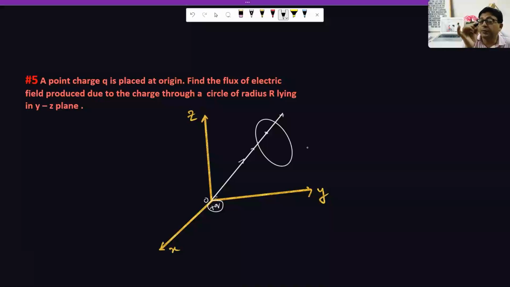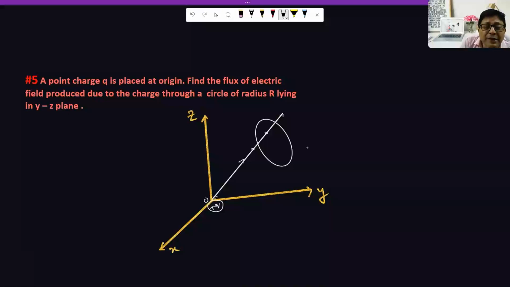So think what you are going to do to find the flux. Again, the problem will be like that, where we need to get an elemental portion where at every point on this elemental portion electric field strength will remain the same. See, electric field strength depends on this angle theta here. Theta is the angle with the y-axis here.